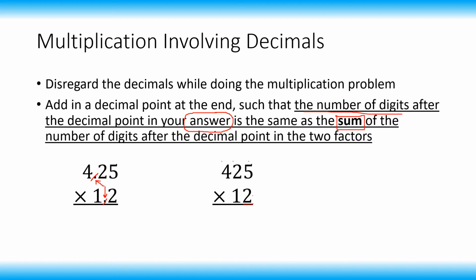So we start off with taking this 2, multiplying it by that 5, we get 10. So we put the 0 down here, and we carry a 1. Now we do 2 times 2, that's 4. 4 plus 1, that's 5. So we'll get a 5 down here, like so. And then we do 2 times 4, that's 8.